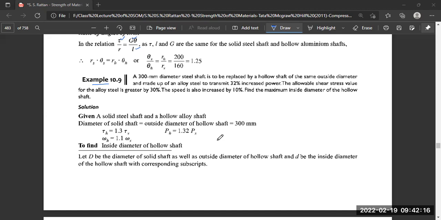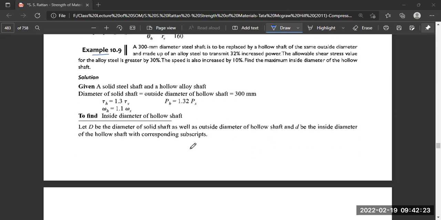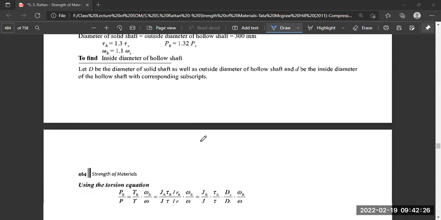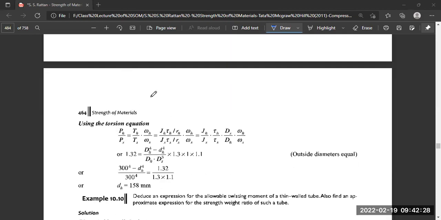Now, D is the diameter of the solid shaft, D_H is the outer diameter of the hollow shaft, and small d is the inner diameter of the hollow shaft, with corresponding subscripts. First of all, let us use the torsional equation, and we know the relation between the power transmitted and the torque is given as P equal to 2 pi N T divided by 60.